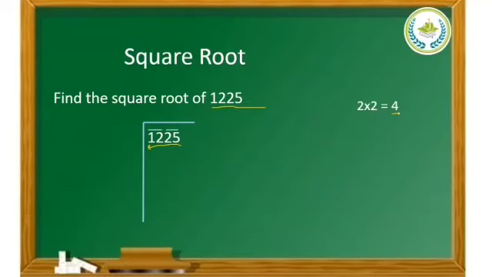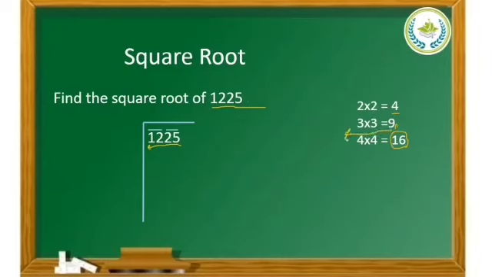So, I am taking 3, and 3 multiplied by 3 gives me 9. To have understanding, I am taking 4 and I am getting 16 as the answer. Now you can see 16 is bigger than 12. So, I will choose 9.